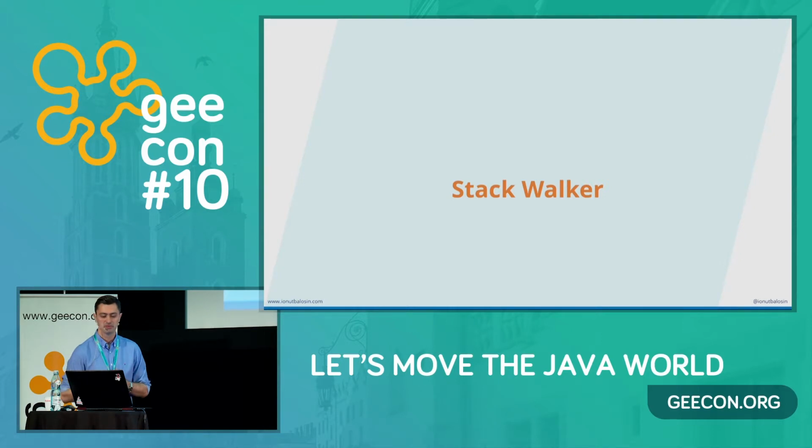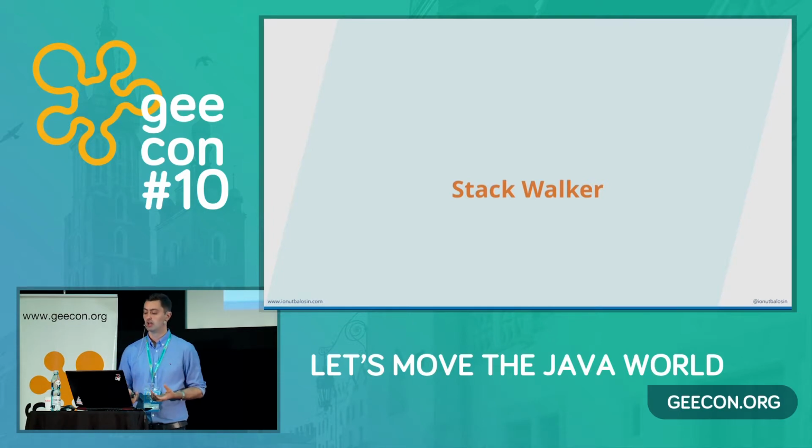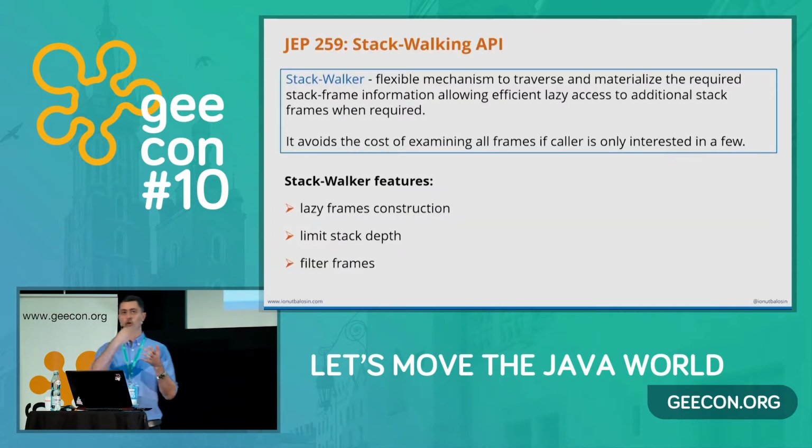The StackWalker API. The next nice feature was in regards to the StackWalker. What it does actually, it walks the stack frames, and it inspects all of those stack frames in a lazy way. You can also limit the number of frames, and you can also filter them.